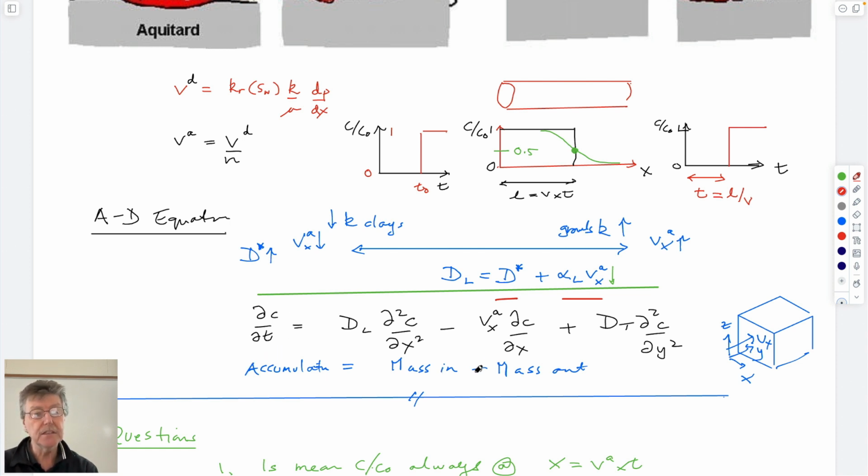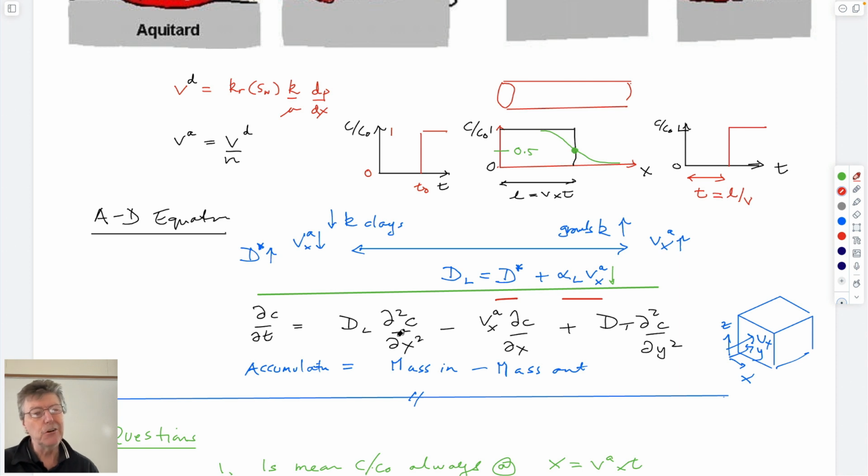The other part is mass in minus mass out, and that can be due to advection, which is this term here, which is the plug flow that goes along the core, if you like, and dispersion that occurs longitudinally. I guess if it's due to chemical diffusion, then it really is controlled by the concentration gradient.